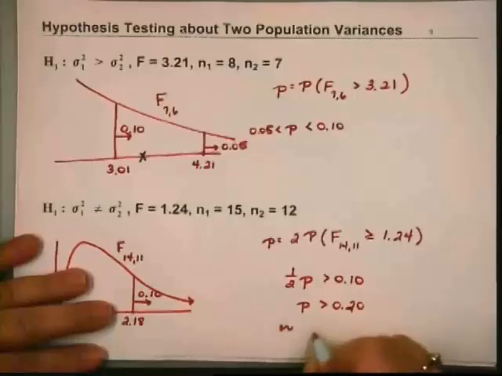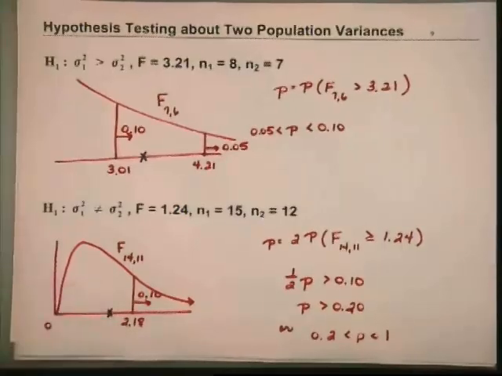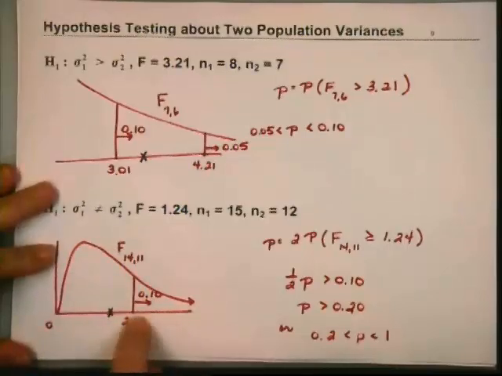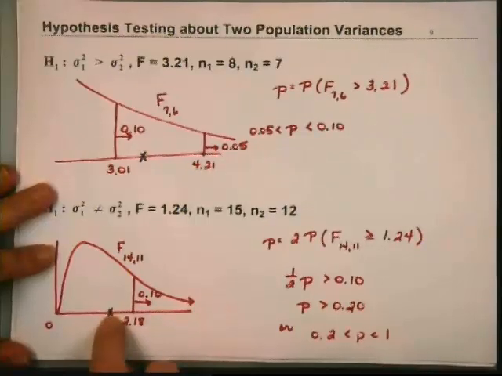Or you could write 0.2 less than p less than 1. We know less than 1 because it's a probability distribution. If it were a one-sided test, you would just report p greater than 0.1. Here I drew out the whole distribution because we were so extreme. It wasn't necessary to get all the finer graduations down here because we were so close to 1.